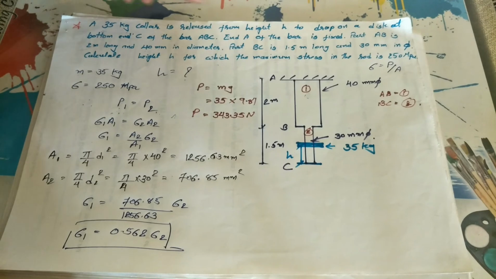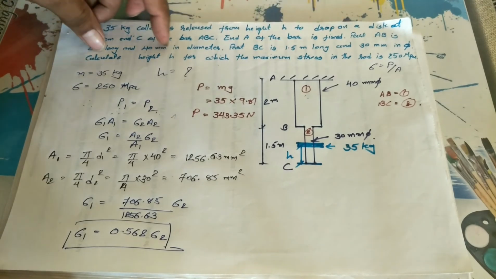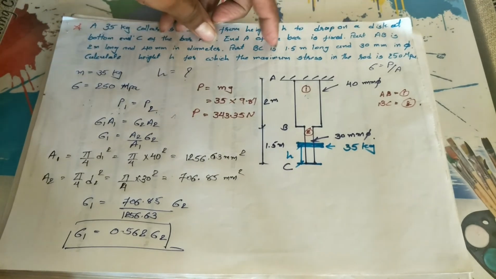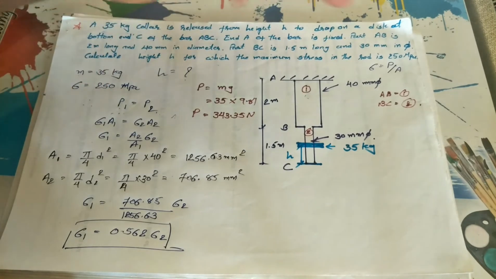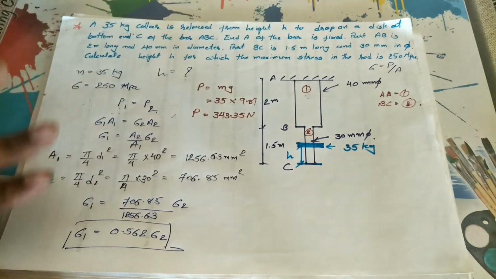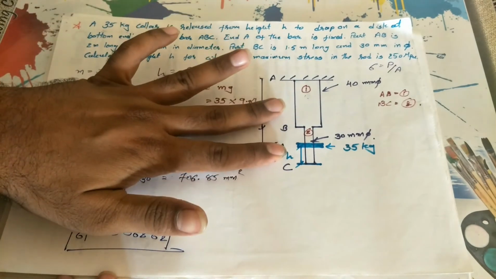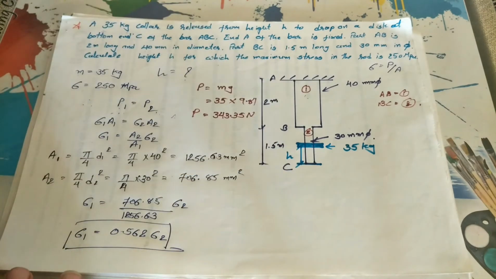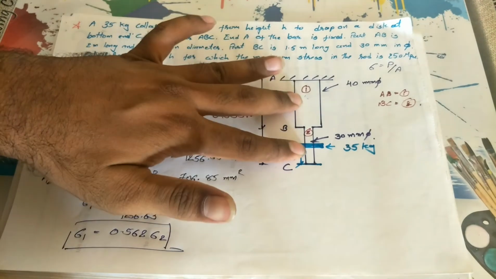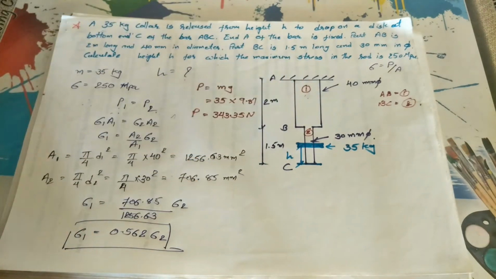Here also it is given that calculate the height h for which the maximum stress in the rod is 250 MPa. Okay, so stress is given, but as the diameter varies over here, the stress in both of these portions changes.